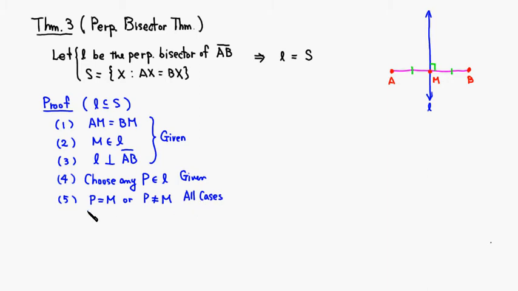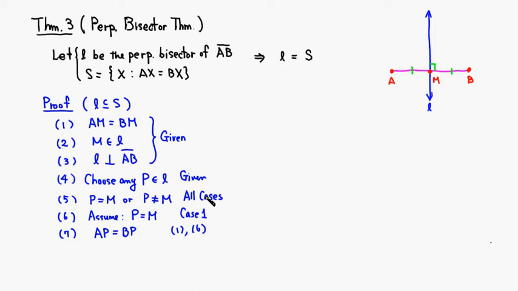So let's do a trivial case. Let's assume that P happens to be the same point as the midpoint M. So this is case 1, a trivial case. If P is equal to M, then AP equals BP. So 7: AP equals BP by combining line number 1 and line number 6.